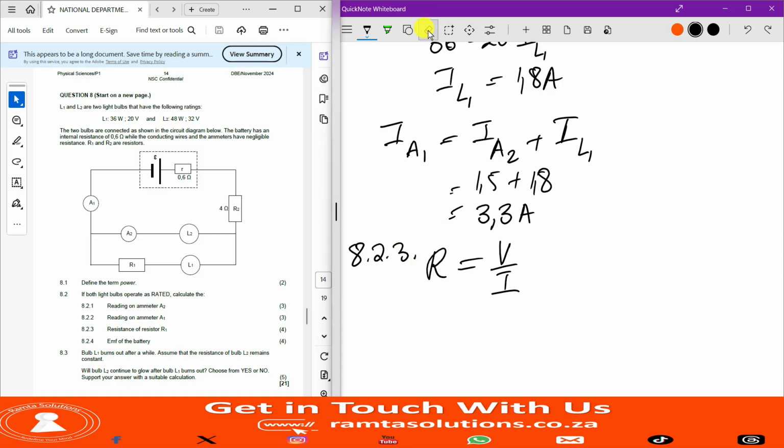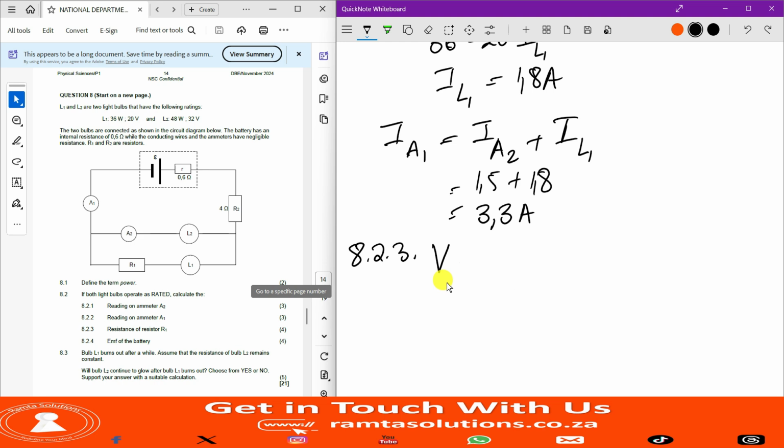So let me put it like this: I will say the voltage at R1 plus the voltage of L1 is equal to the voltage of L2. Why? Because these are in series. These are parallel, but these two are in series. This is why I'm summing their voltage.